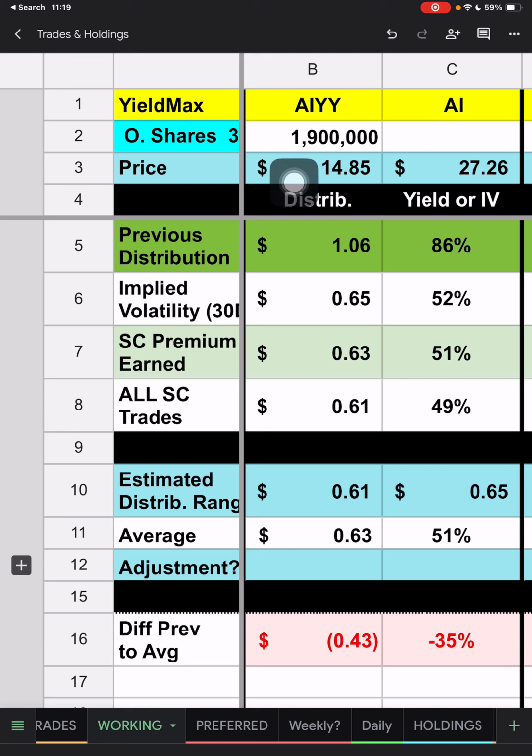The next one is the current stock price for the ticker above it. In this case, AIYY is 14.85 and AI is 27.26.